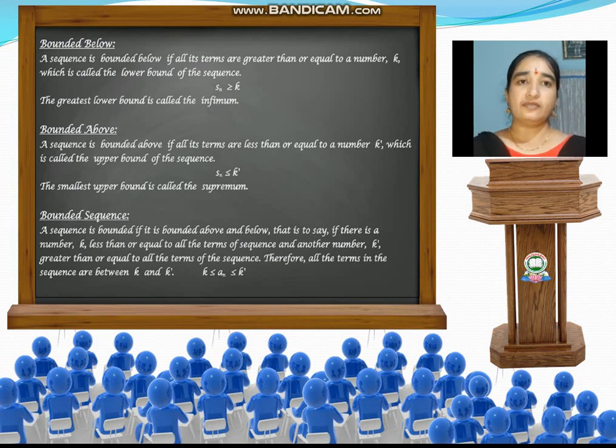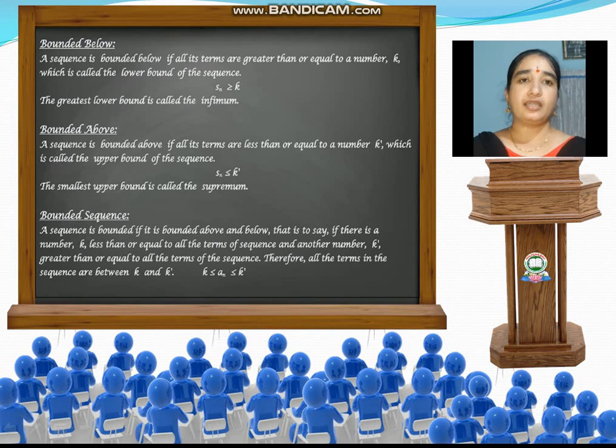In the world, outside your class, so many elder ones will be there, and among all those elder ones, he is the smallest elder one. So the least upper bound is known as supremum.